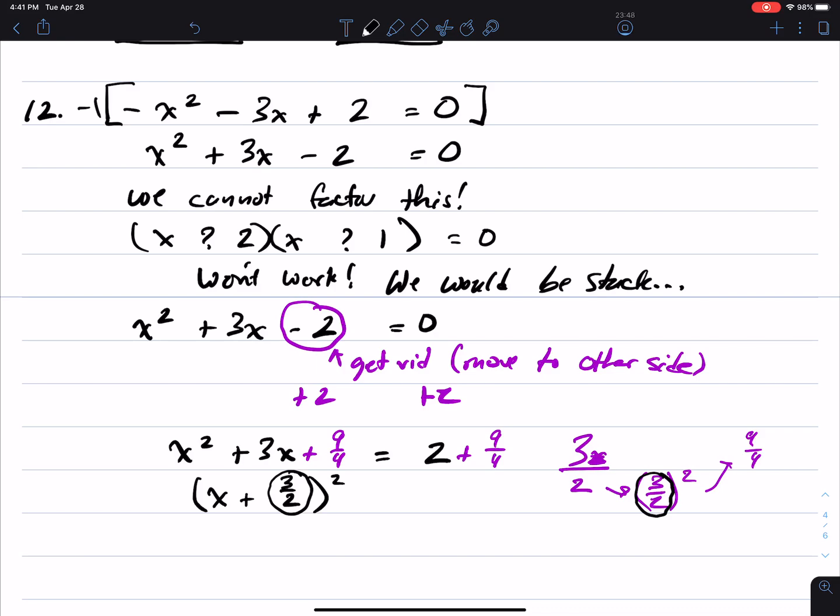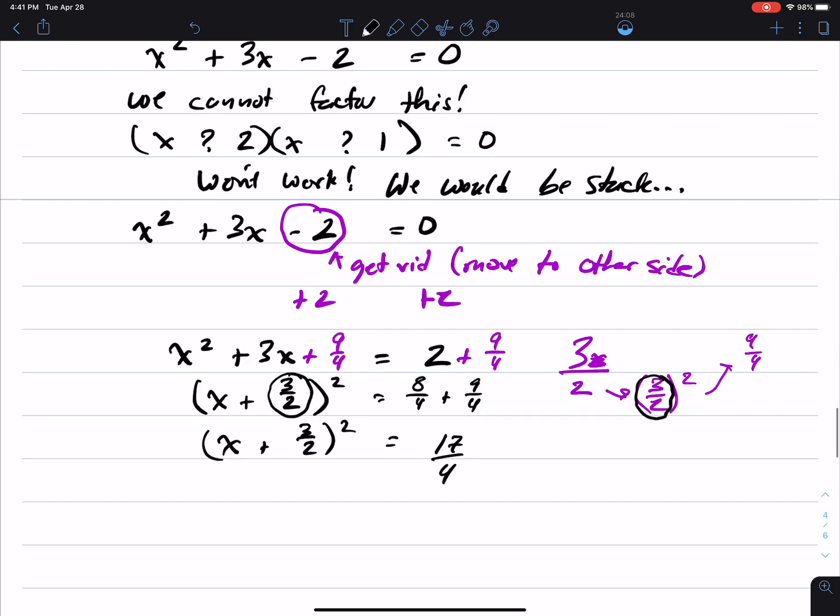That will always be true. Over here, we need to add a whole number with a fraction, so we're going to turn 2 into 8/4 plus our 9/4. So that gives us now x plus 3 halves squared equals 17/4, okay?